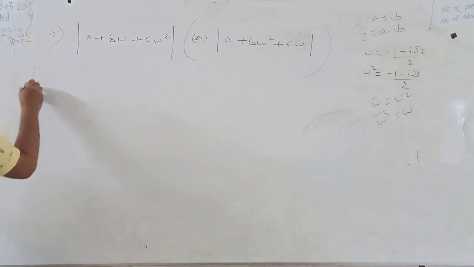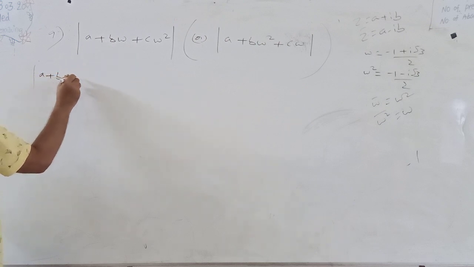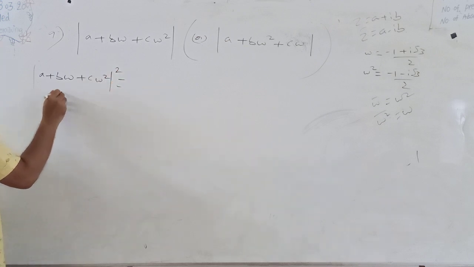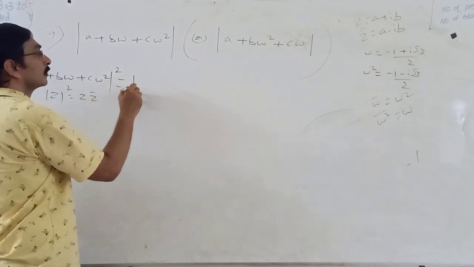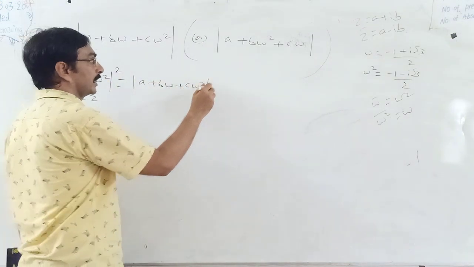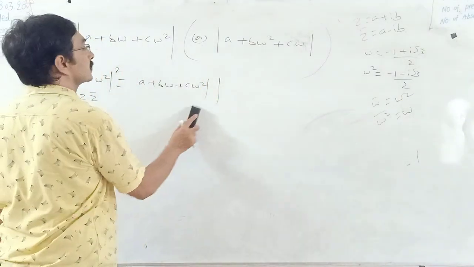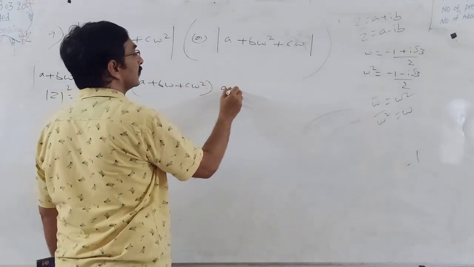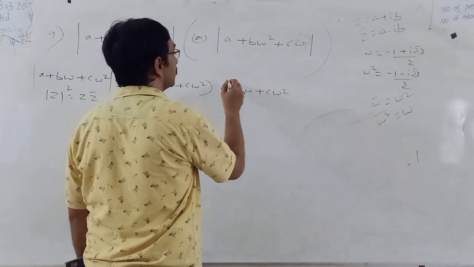See, first I am finding the square of this one: a plus b omega plus c omega square whole square. The formula: mod z square equal to z into z bar. Therefore, mod z square is z into z bar, that is, a plus b omega plus c omega square times its conjugate.